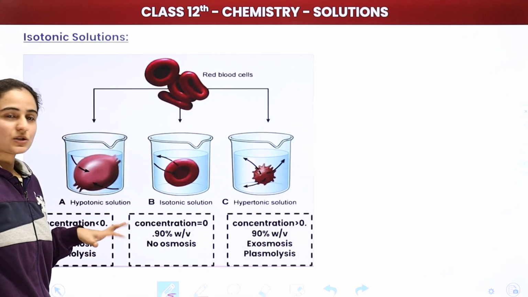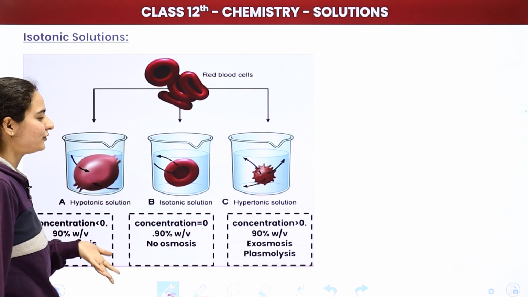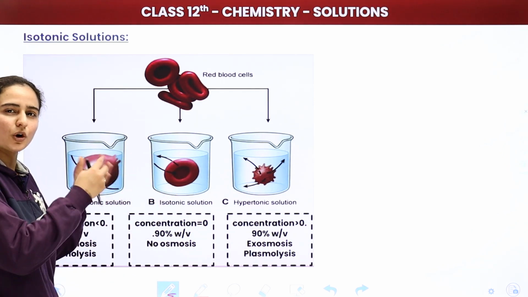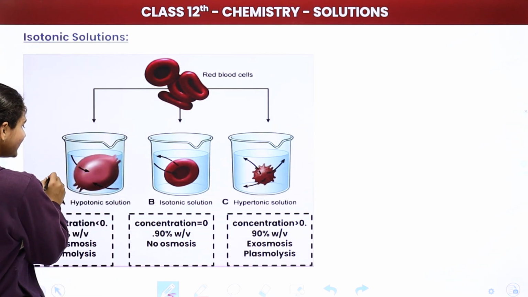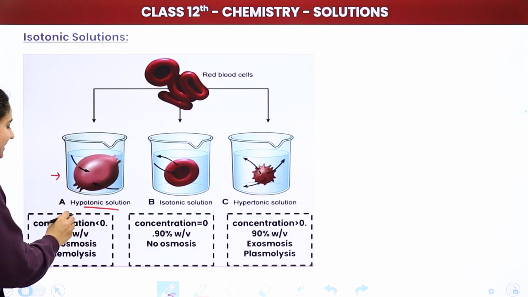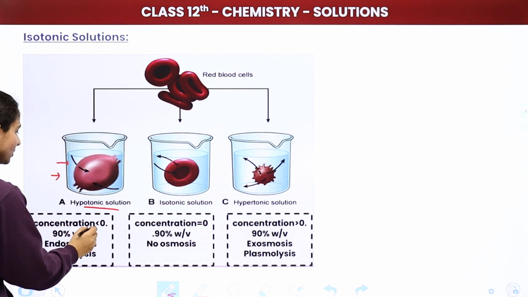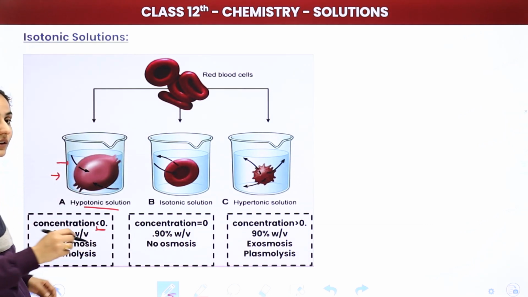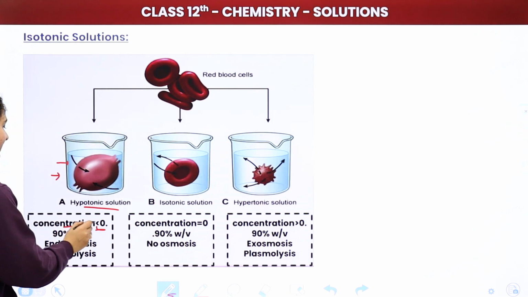In this image, we can understand the three types of solutions that we are studying under osmosis. First example here is of hypotonic solution. So in this, what do we see? Outside, the concentration is less, right? So outside the concentration is less than 0.9%.